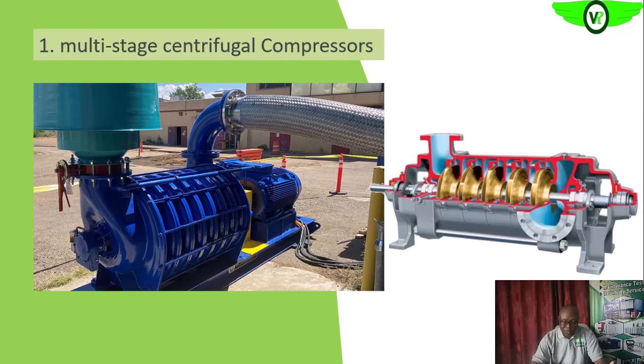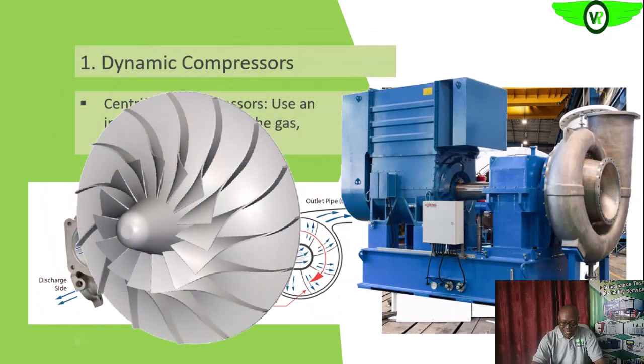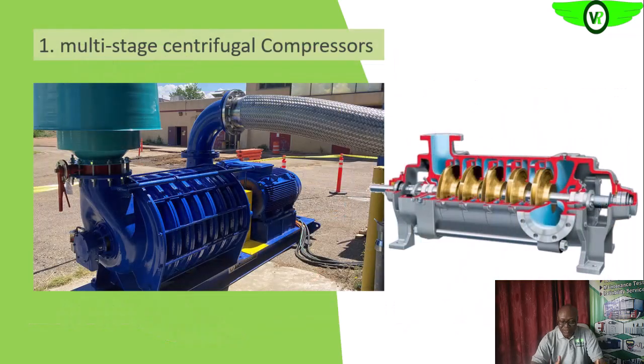So what we have just described is a single stage compression. We can have it in multiple stages, as we discussed in the case of the centrifugal pump. That is, the compressed gas can be sent into stages containing different impellers.